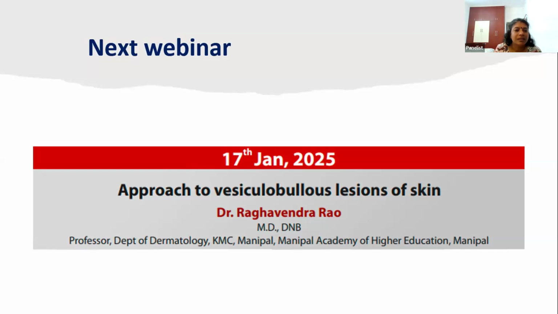Is the dyskeratosis seen in Darier disease the same as that seen in other conditions, such as pre-malignant dysplasia? No, it's not dysplastic. The appearance is very different.